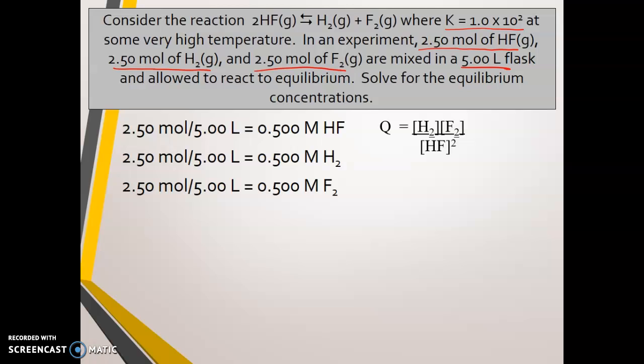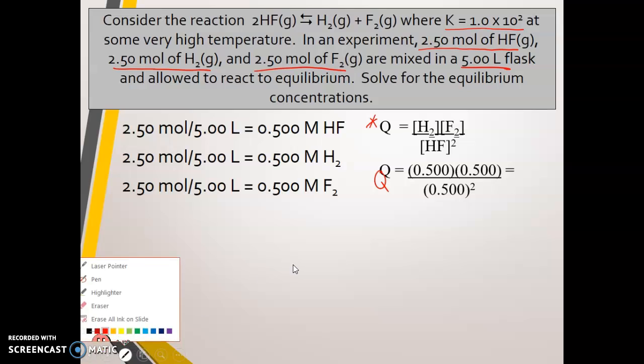Because we have both reactants and products present initially, we don't know which direction this reaction is going to shift. So that means we do need to solve for Q in order to set up our RICE table. We're just going to plug the initial concentrations that we calculated into our reaction quotient.